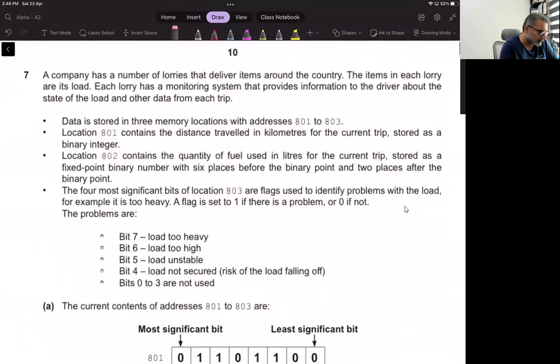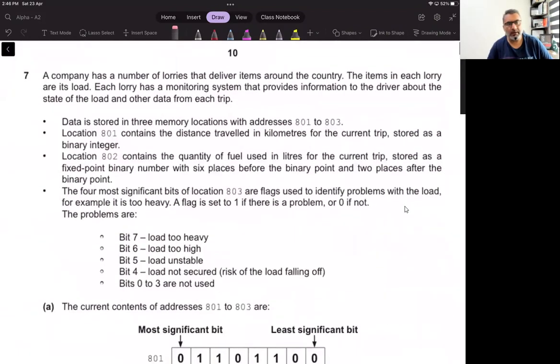Question number 7. A company has a number of lorries that deliver items around the country. The items in each lorry are its load. Each lorry has a monitoring system that provides information to the driver about the state of the load and other data from each trip. Data is stored in 3 memory locations with addresses 801 to 803.